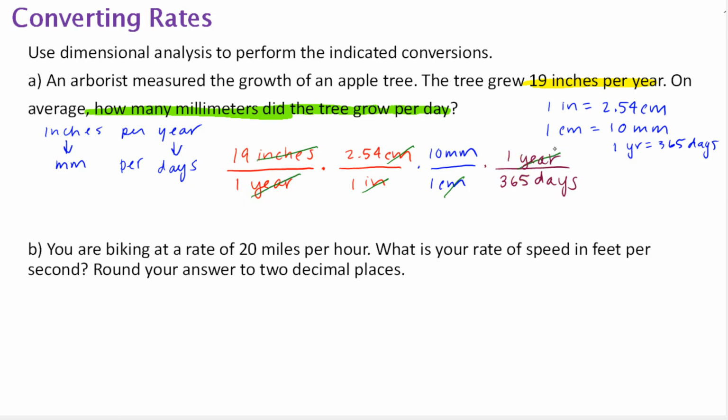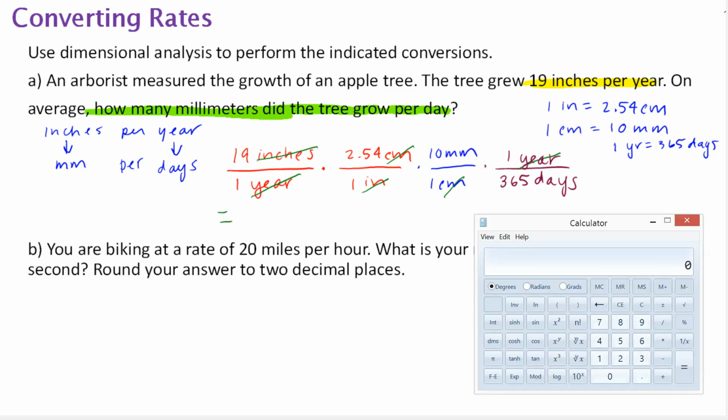So cancel out the years. So now we just need to compute. So we want to multiply everything in the numerator, get the result, and then divide by the product of the denominators. Okay, so let's do the top first.